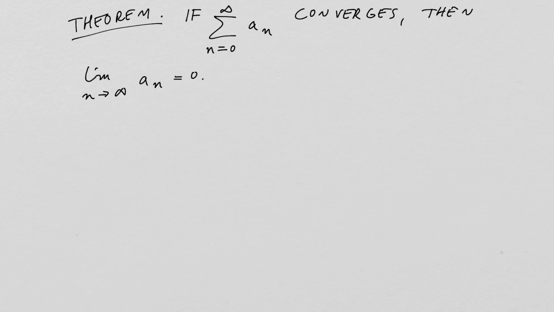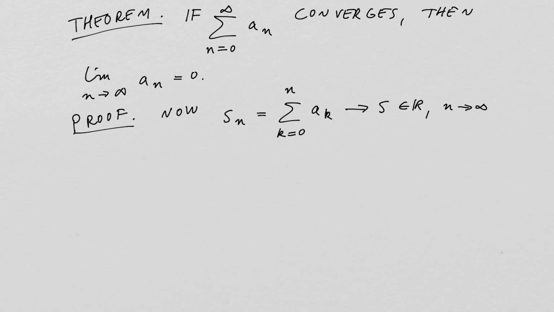Let's also prove a result that if a series converges, then its general term goes to 0. So now the partial sums of the series will converge to a real number, and this real number is denoted by this expression here.